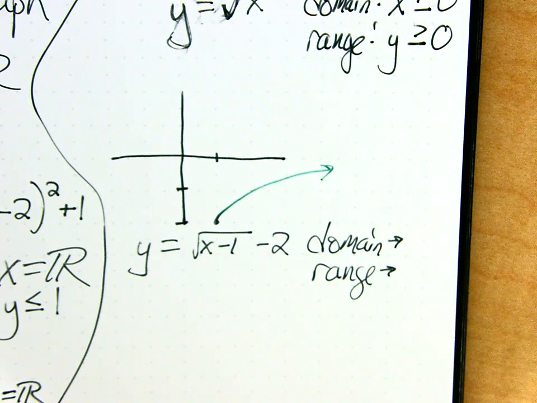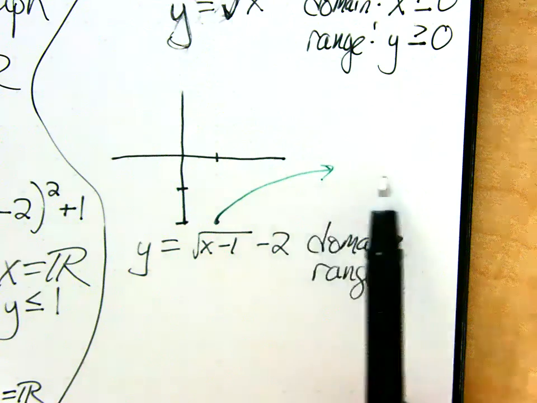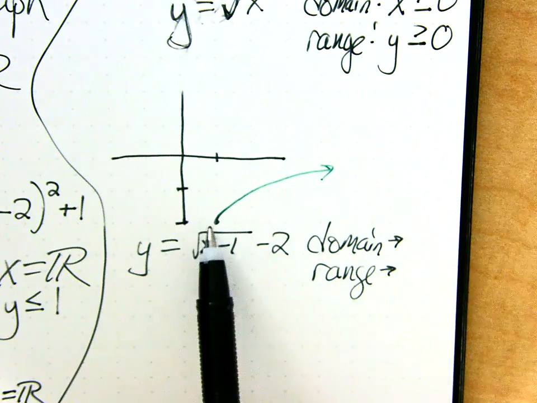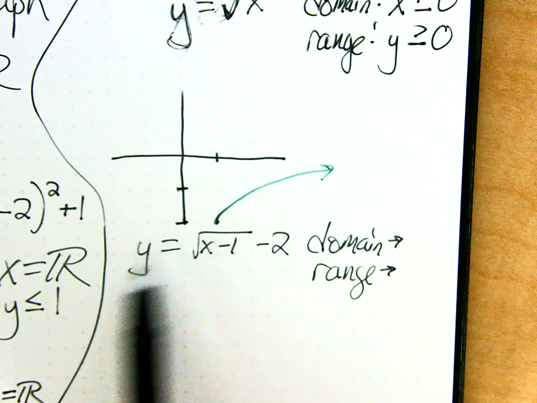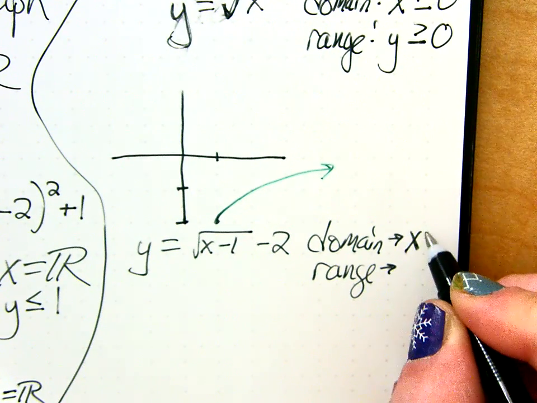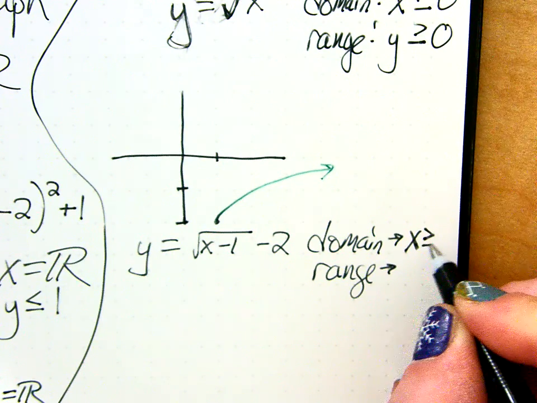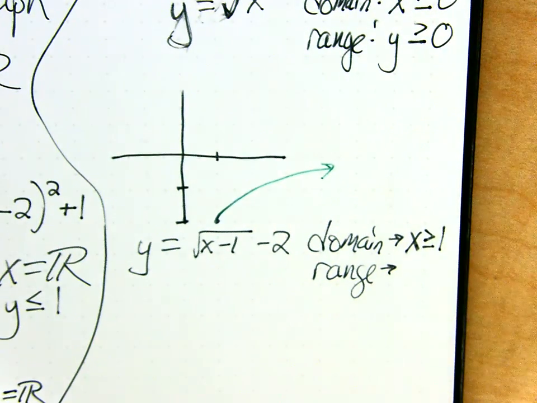All right, domain. This time, my graph starts here, and in the x direction, I'll get all of these x's. But I'm never going to get any x's over here. So what's my domain? X is greater than or equal to 1. Yes. Perfect.